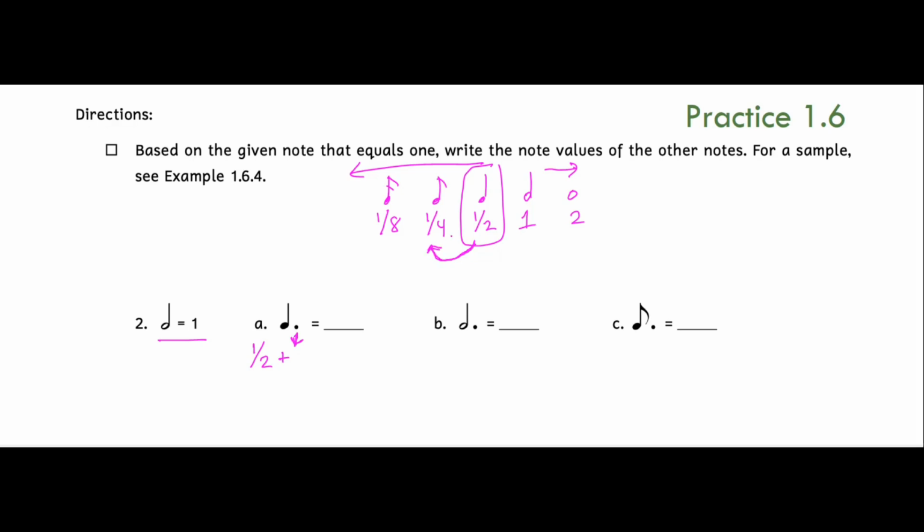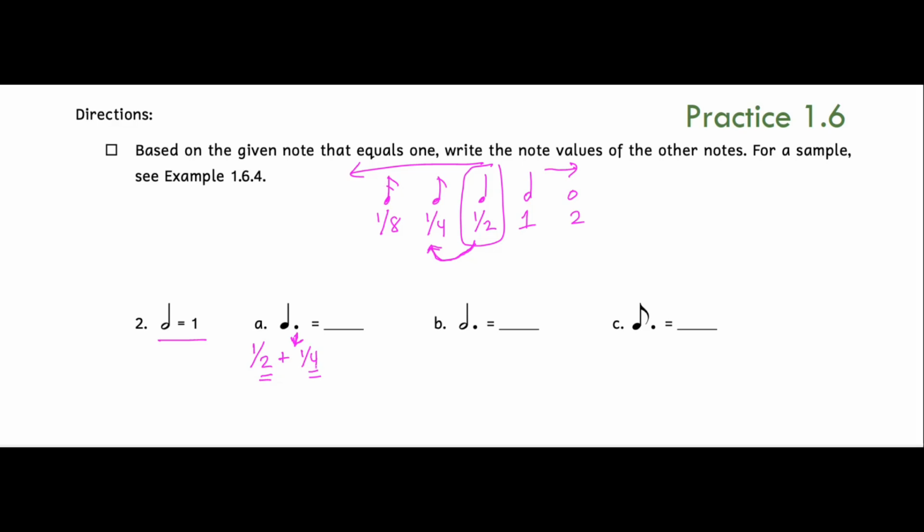Half of half is a 4th. So we're going to add a half plus a 4th. Now with fractions, we can't just add them this way. What we need is a common denominator, meaning that the bottom number has to be the same. So we're going to change the first number, half, to a number with 4 on the bottom.